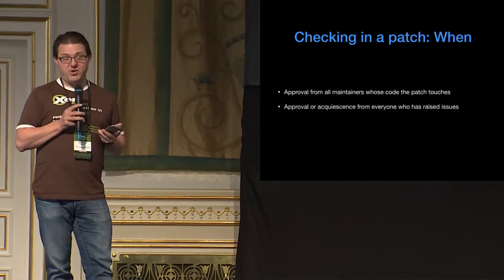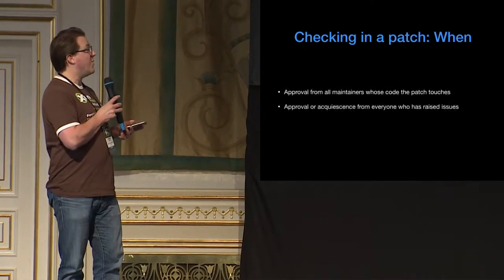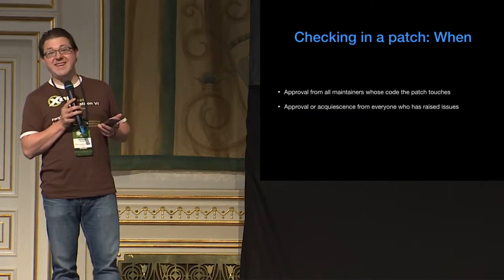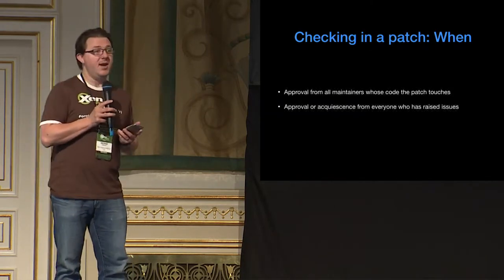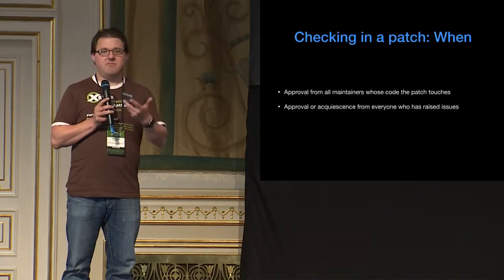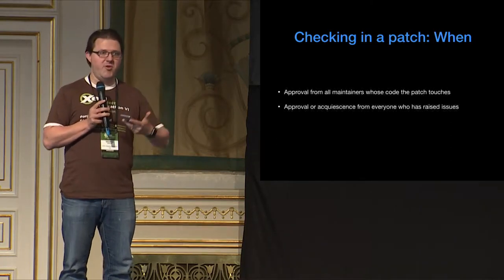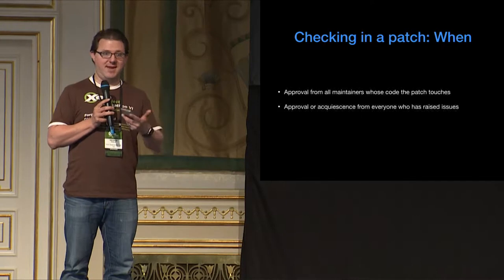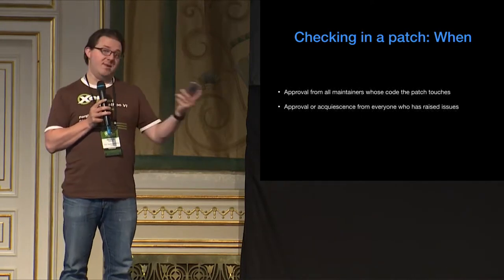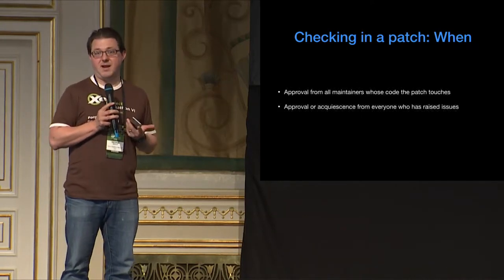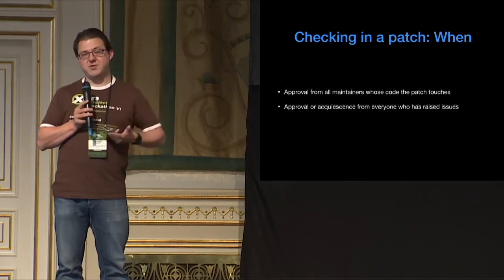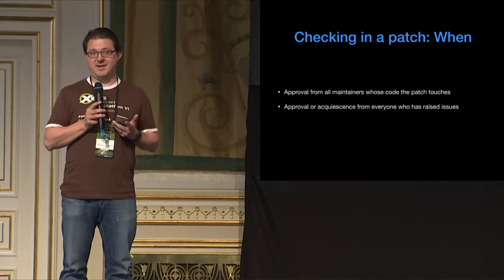It also, in general, needs the approval, or at least the acquiescence, of everyone who has raised an issue on the patch. So you, as someone who's on the mailing list, can raise issues and question any patch that anyone else posts. But anyone can also question your patch as well.